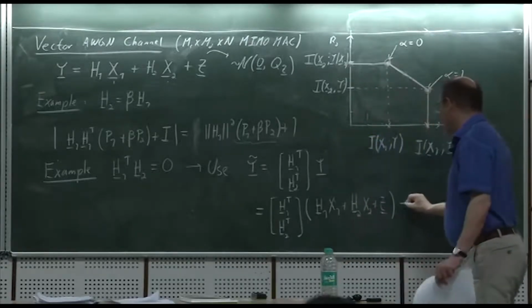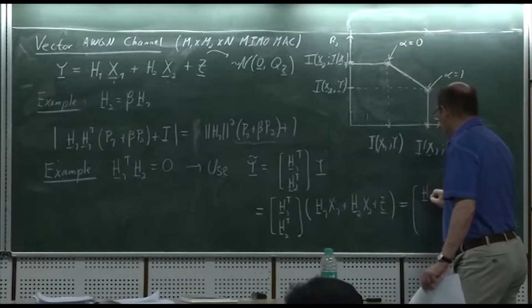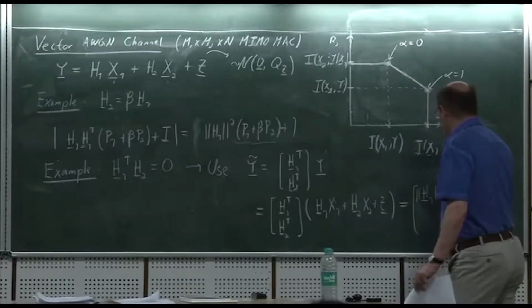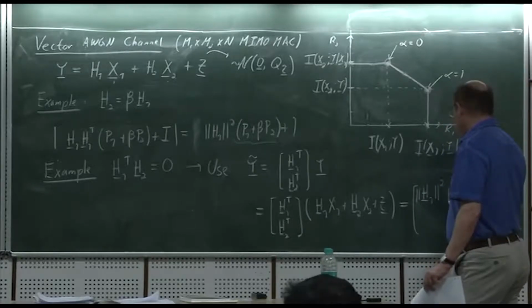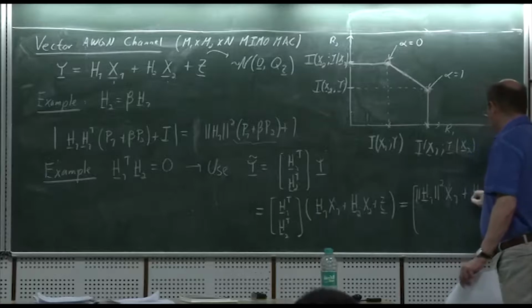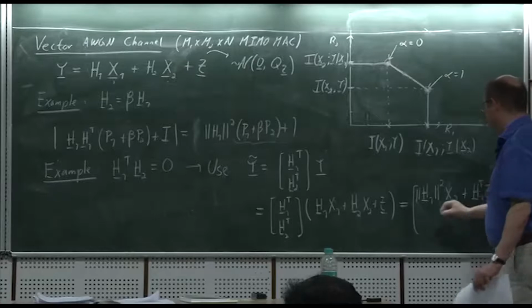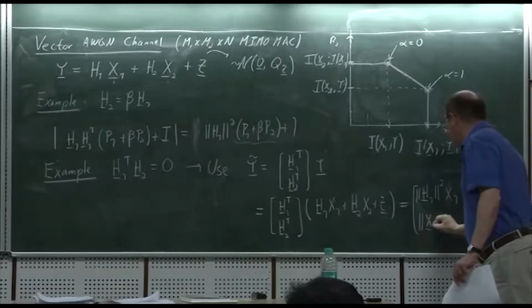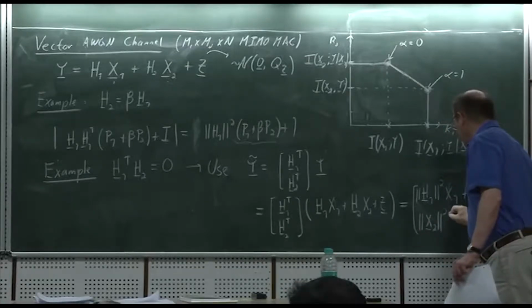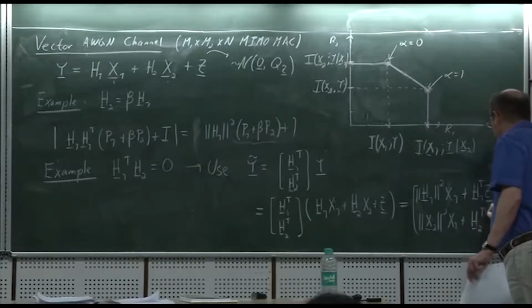And you see what we're going to get is, here we'll get two pieces, H1 squared x1 plus H1 transpose z, and here I'll get H2 squared x2 plus H2 transpose z.